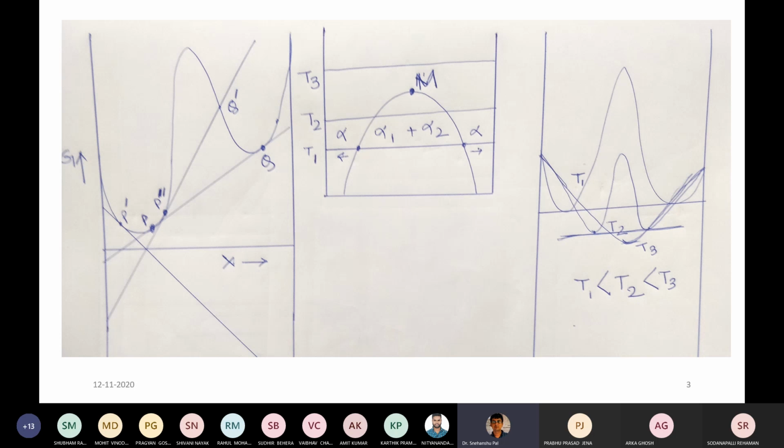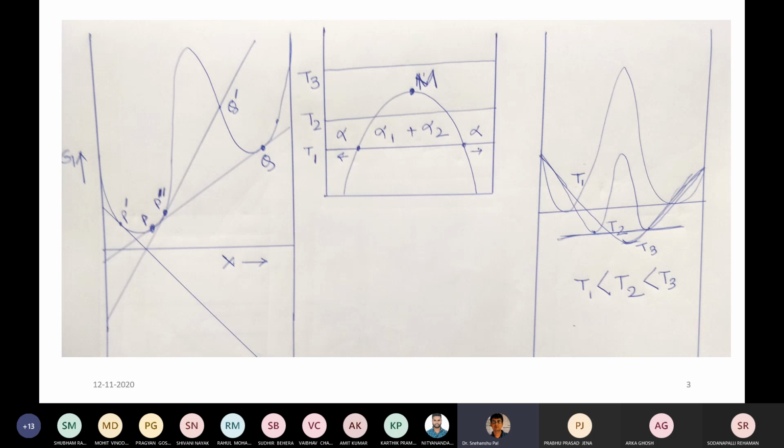But if you look at the point P double dot, it is on the right side of the P point, and if you draw a tangent and check beyond the Q dot point, if you look at the figure, there is every chance to reach a different composition for lowering the Gibbs free energy, because a large part of the free energy versus composition diagram has the free energy curve below the tangent drawn at the P double dot point.